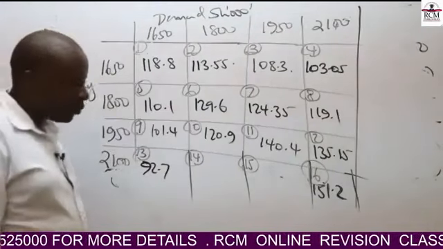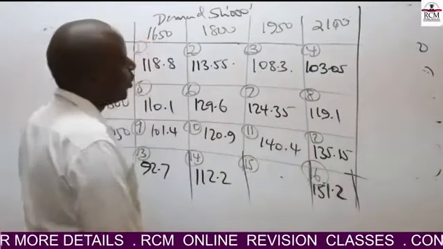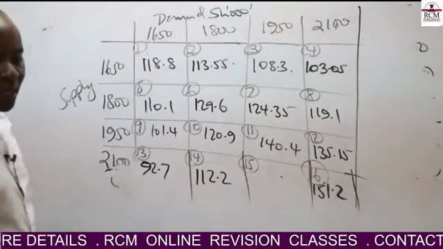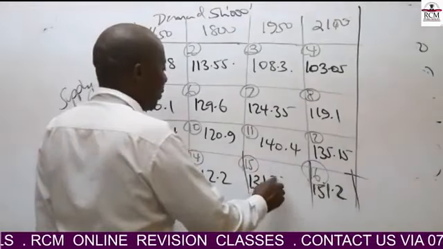Lokai gives me 112.2. The last one, cell number 15, 131.7, ladies and gentlemen.